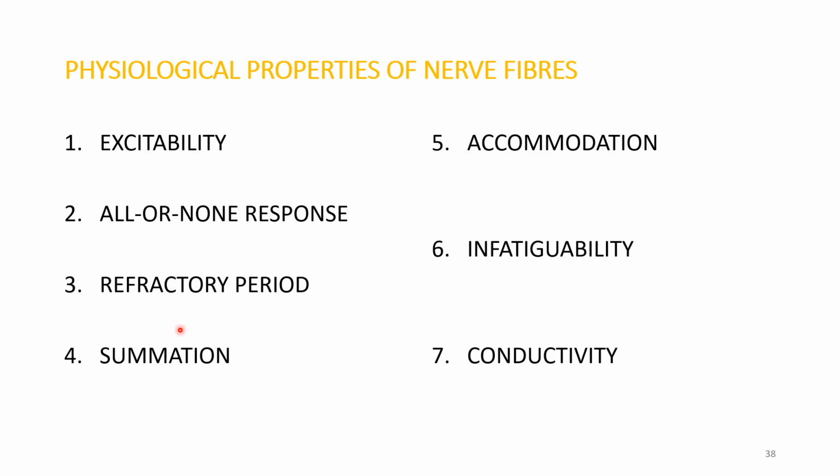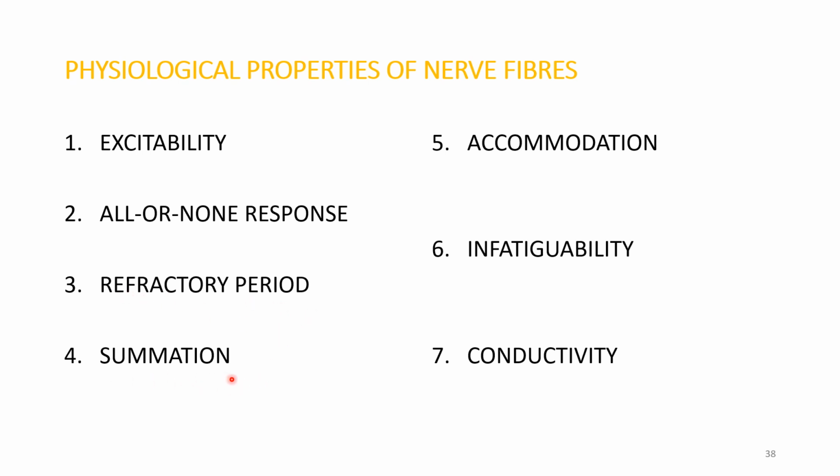We are stimulating with 2 stimuli successively and immediately, with more than threshold intensity, but it is not showing any response for the second stimulus, because that nerve fiber is in the refractory period when we give the second stimulus. So that is called the refractory period.